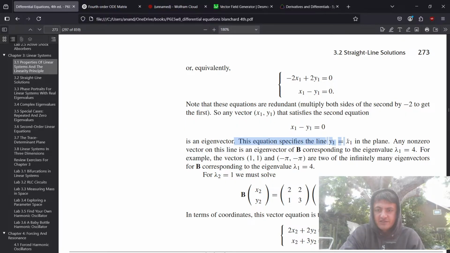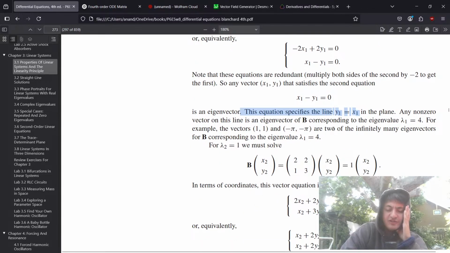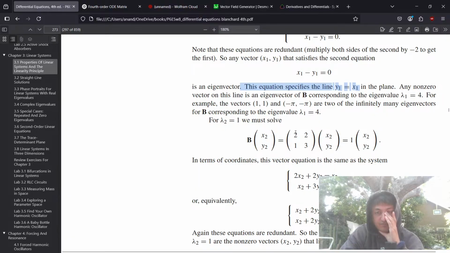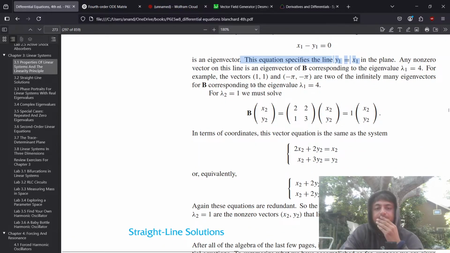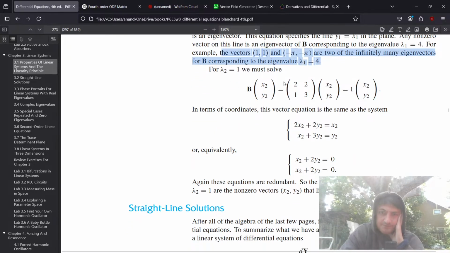This equation specifies the line y1 equals x1 in the plane. Any non-zero vector on this line is an eigenvector of B corresponding to the eigenvalue lambda 1 equal to 4. For example, 1, 1 and minus pi, minus pi are two of the infinitely many eigenvectors of B corresponding to the eigenvalue lambda 1 equals 4.